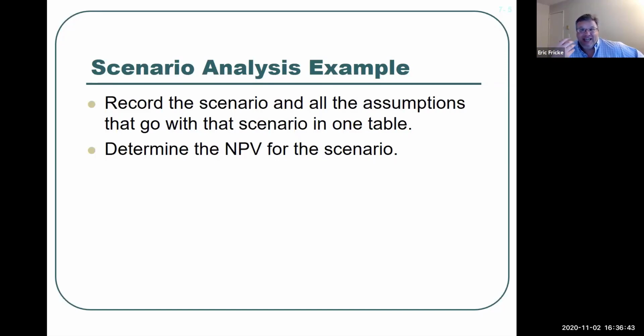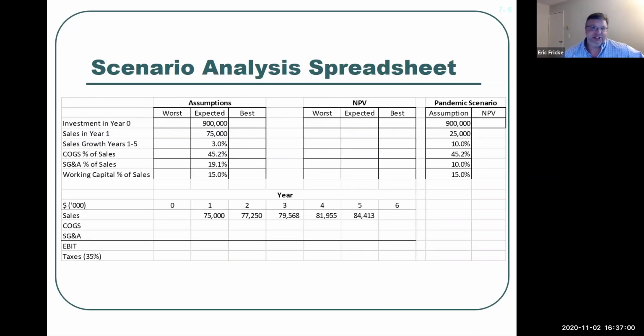Like if X happens, all these different things are going to change, and they're all together going to impact the NPV. And so we call that a scenario. So let's go ahead and look at one scenario on the spreadsheet.